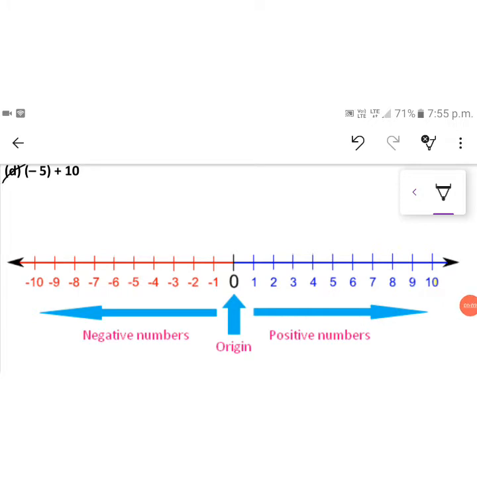D part, minus 5 plus 10. First we move 5 steps to the left from 0.